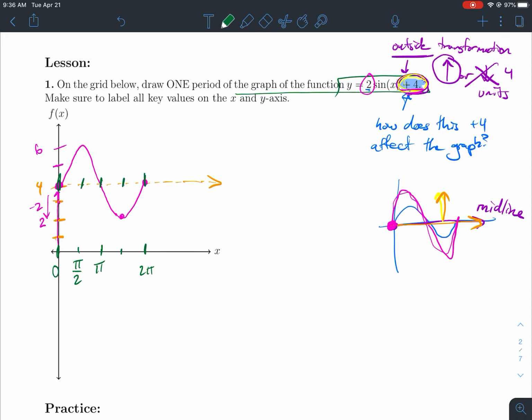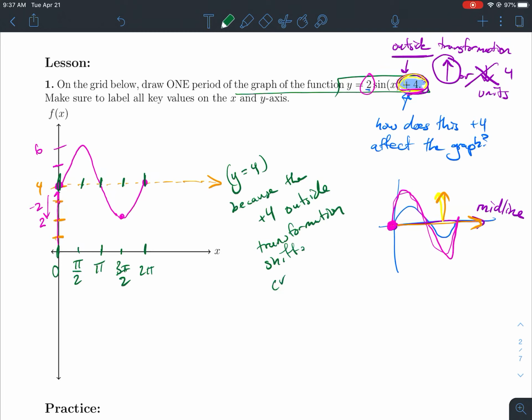And where it hits the minimum, that is 3 pi over 2. The only difference here is the midline is the line y equals 4, because the plus 4 outside transformation shifts everything up 4.